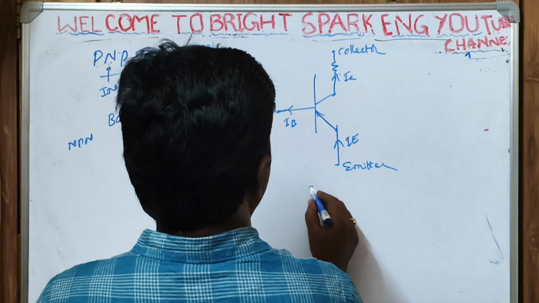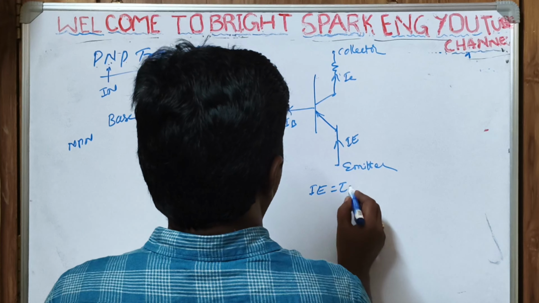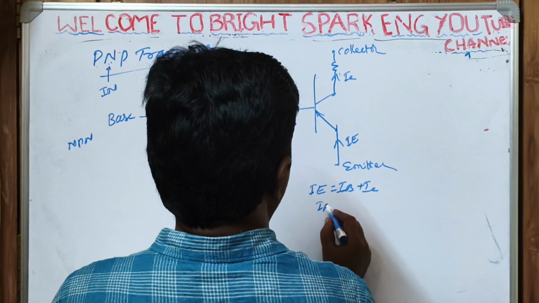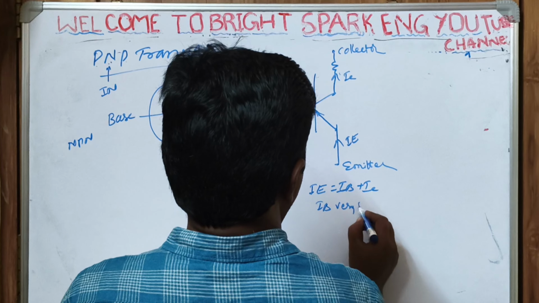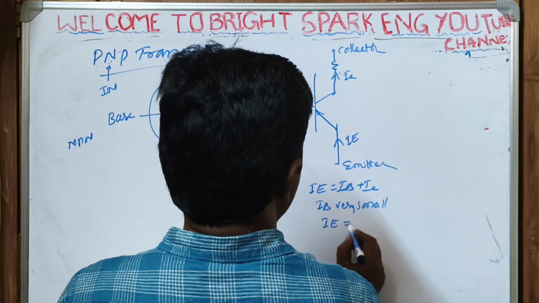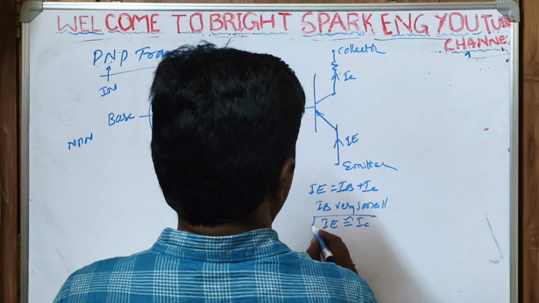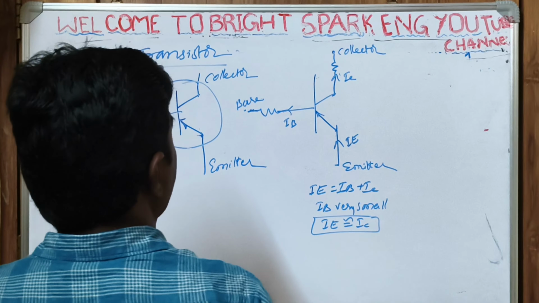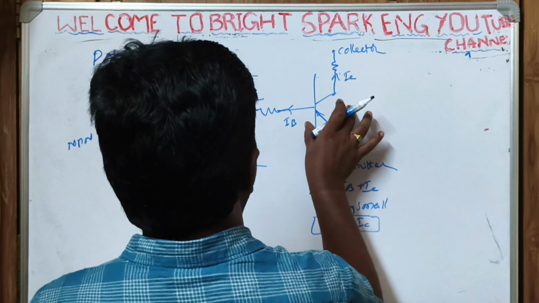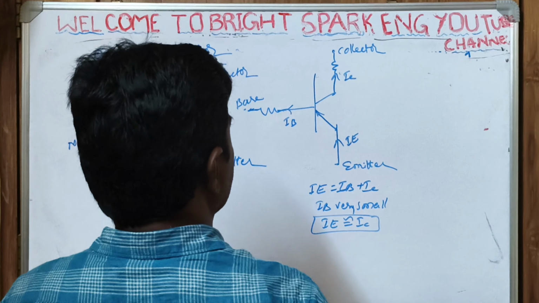Here same also. IE is equal to IB plus IC. IB is very small. So IE is approximately equal to IC. Okay. Here the majority carriers are holes and minority carriers are electrons.